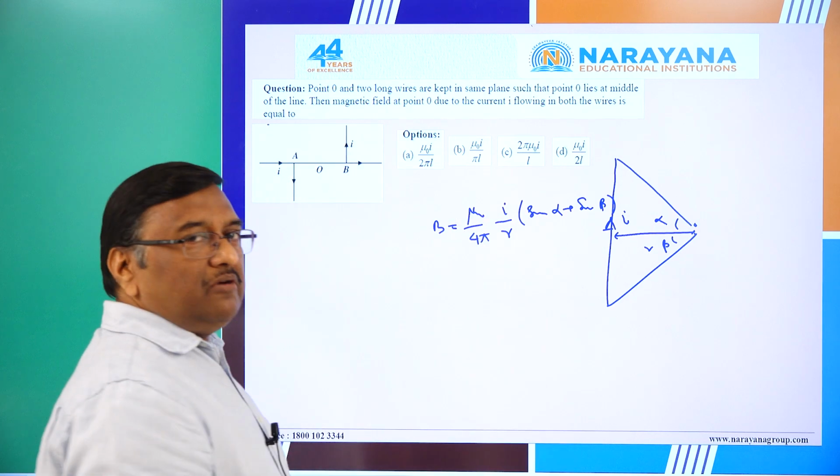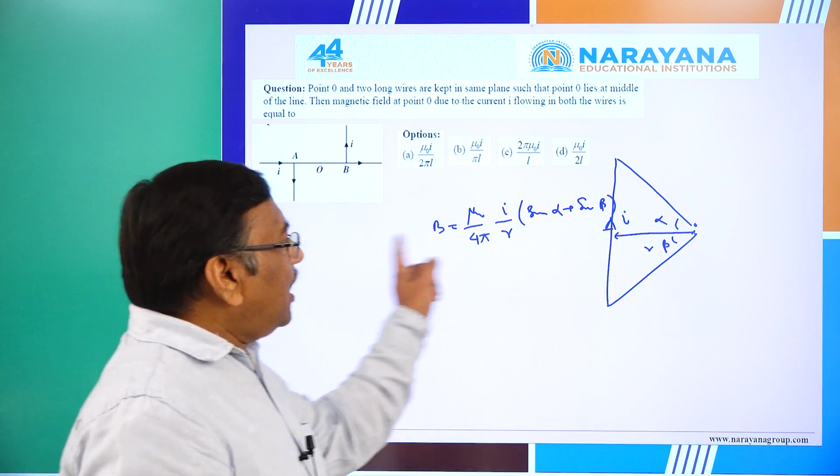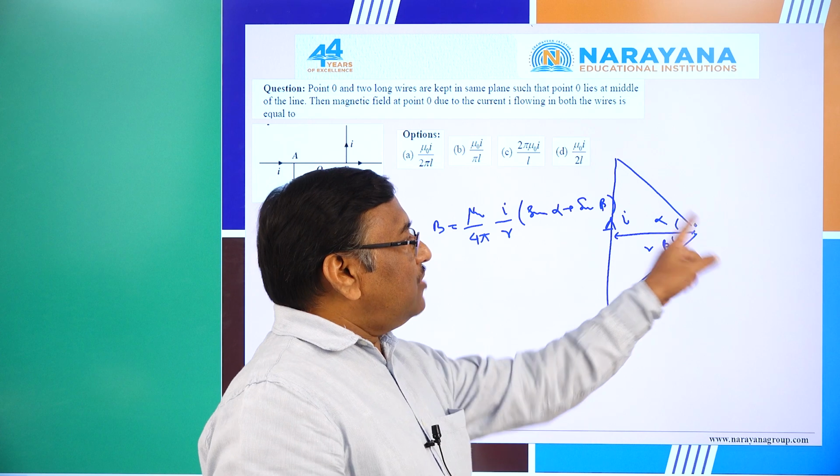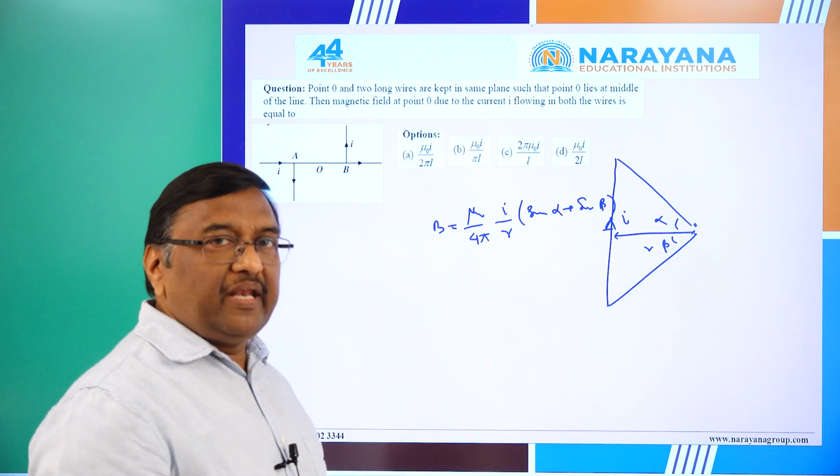That is the general formula for getting the magnetic field at any point from this wire if its length is finite.